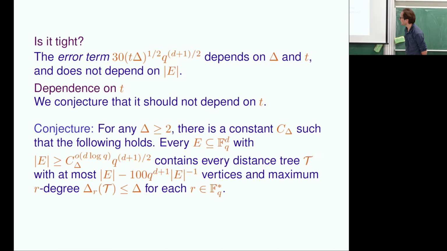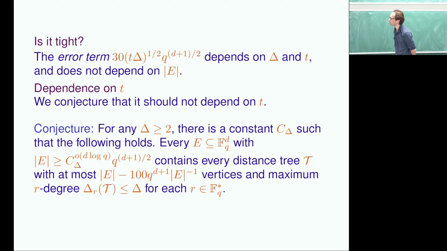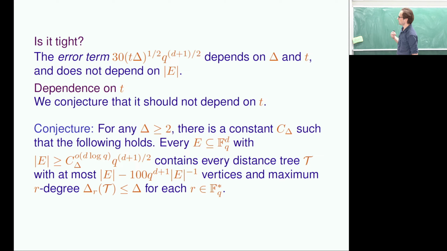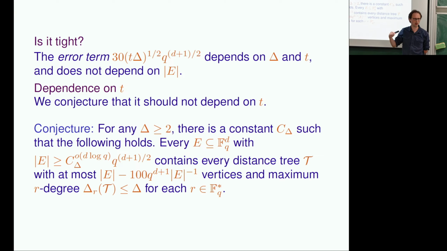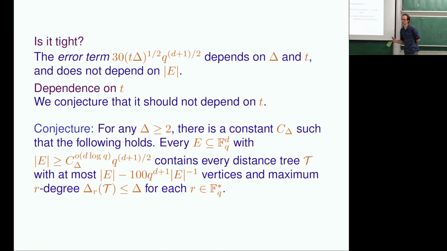So our strongest conjecture is that for any degree delta, there's a constant so that if the size of this given set of points is bigger than that constant times a little-o-of-d function times q to the (d+1)/2, then you contain every distance tree with all but, basically the same function that we had on the previous page for the single distance trees.